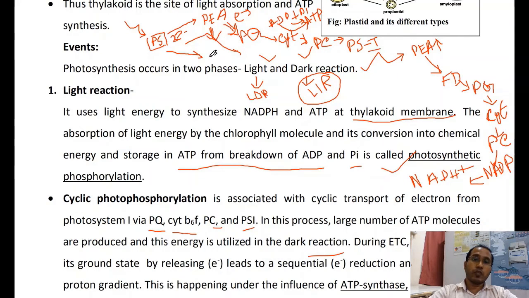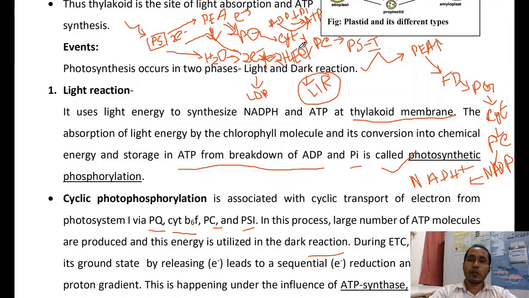So this electron is obtained by a particular method, where H2O, water, photolysis happens. Water is split and produces 2 electrons, 2 hydrogen ions and 1 oxygen atom.